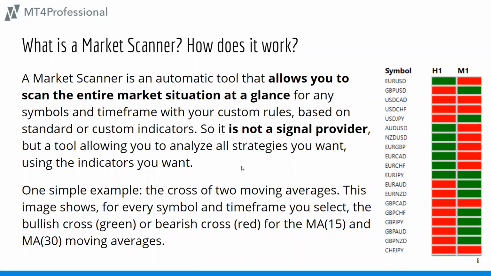So a simple example I'm going to use is a bullish or bearish moving average cross. The moving averages I'll be using is a 15 period and a 30 period simple moving average. So a bullish cross would be when the 15 period crosses over the 30 period, and a bearish cross will be when the 15 period crosses under the 30.